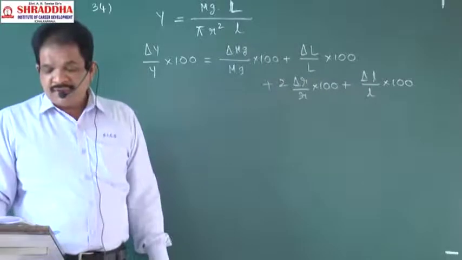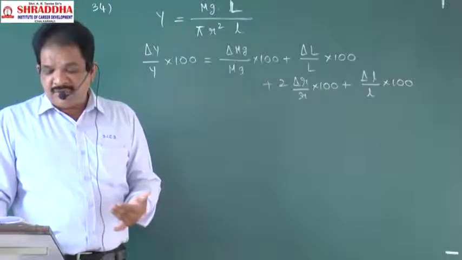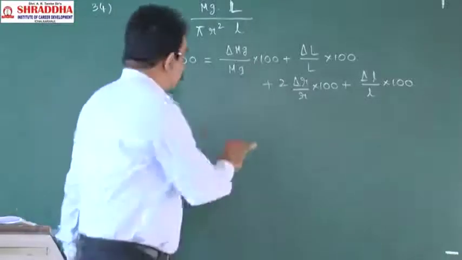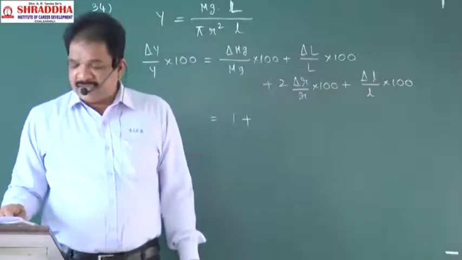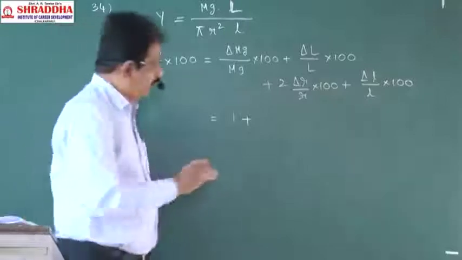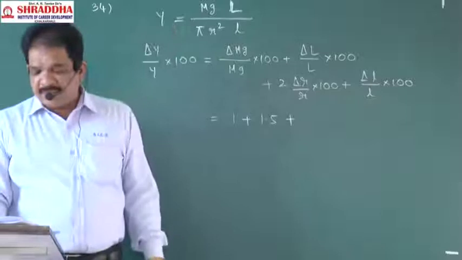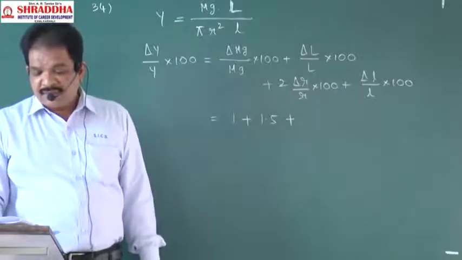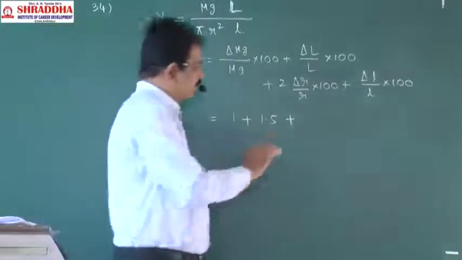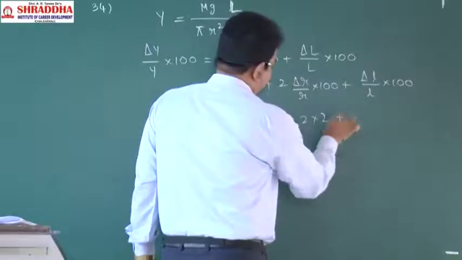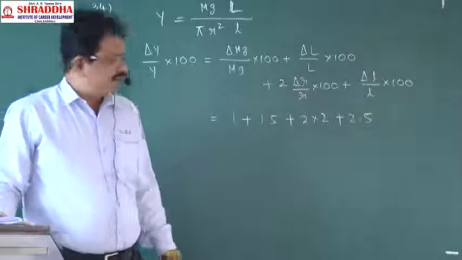So the percentage errors they gave: mg error will be 1%, delta L in the length error will be 1.5%, plus delta r by r into 100, that value they gave as 2%, 2 into 2, plus this value they gave as 2.5.